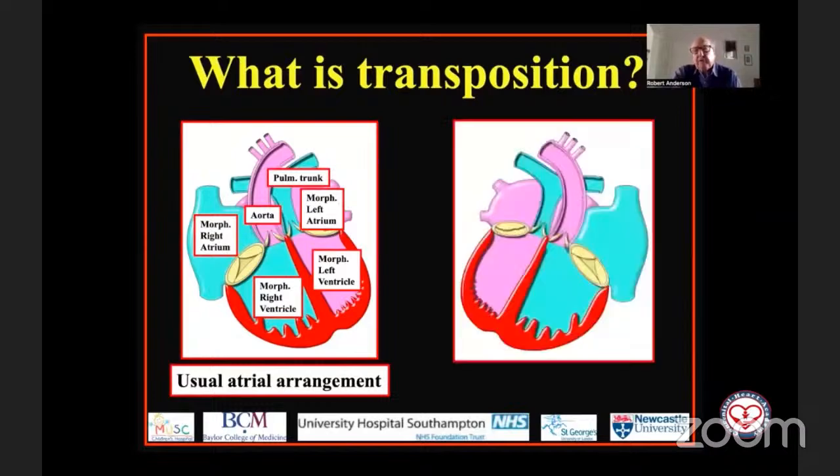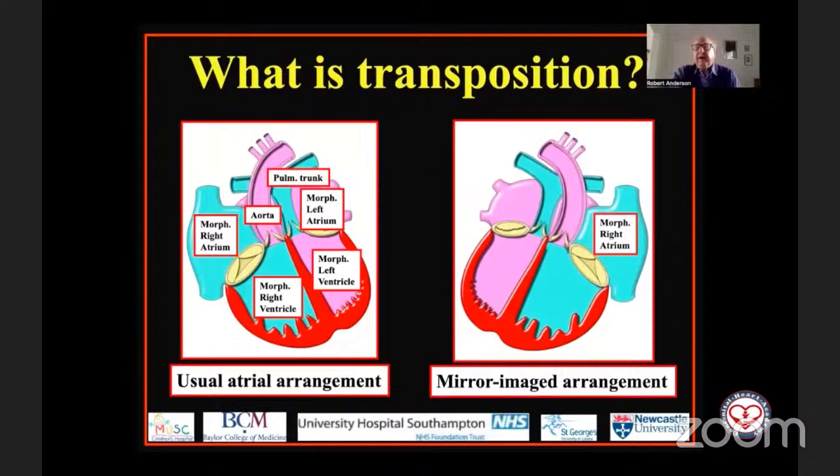But then we have to recognize that we have the entire situation in mirror-imaged fashion. So again, we can have these circulations in parallel rather than series when we have morphologically right atrium on the left, pumping to the morphologically right ventricle on the left, and into an aorta.